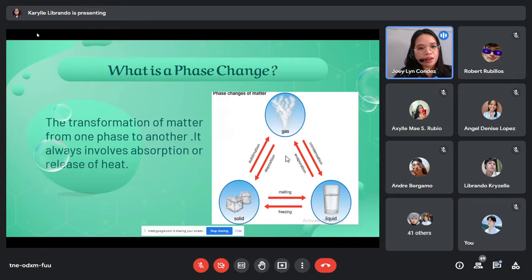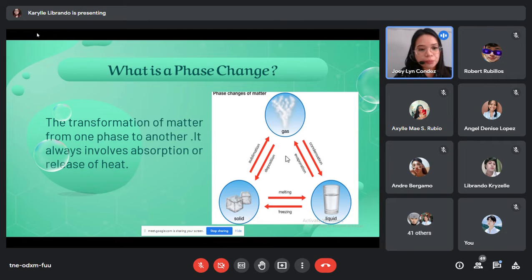Okay, so what is a phase change? Let's have the next slide. Okay, when we say phase change, that's the transformation of matter from one phase to another. So it's a process, no? Wherein one state of matter changes into another state. So since may changes, there are factors that are involved in its changes.